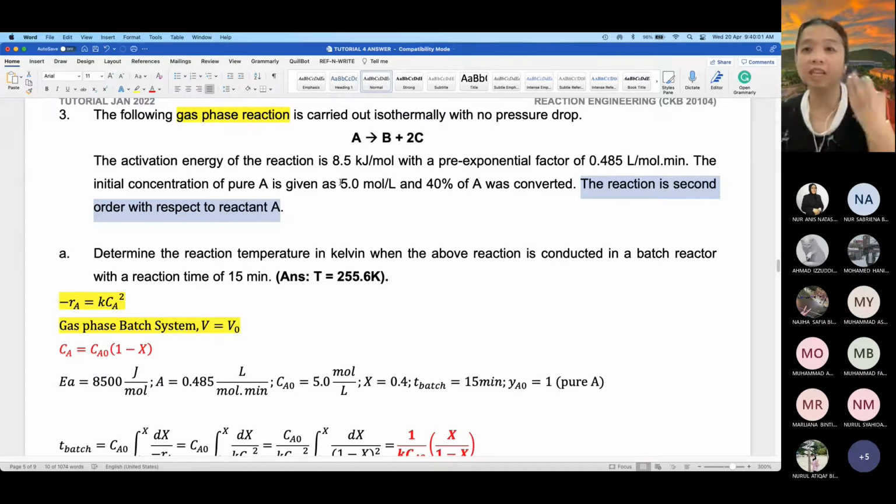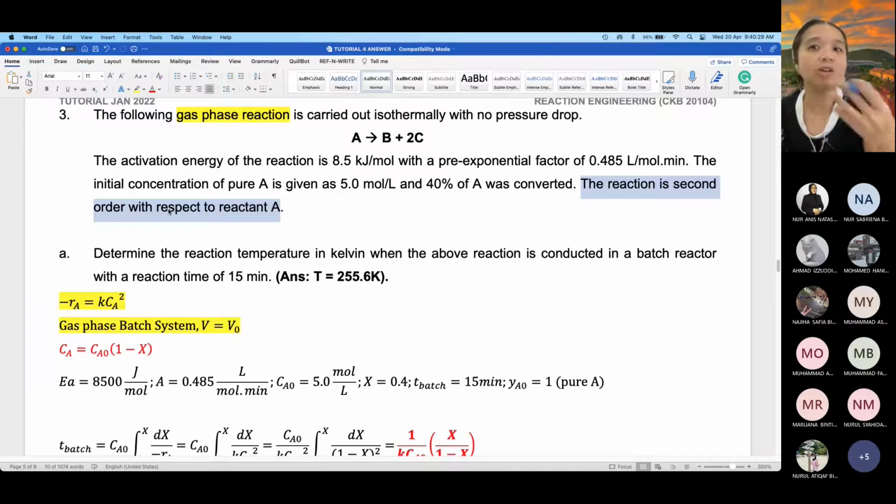That's why they give us the information for the rate law, because the reaction order does not follow the stoichiometric coefficient anymore. So kamu kena faham, kalau elementary, we look at the stoichiometric coefficient. Non-elementary, even though dia tak cakap pun non-elementary, tapi dia dah beri kamu information for the rate law. Of course, it means that it's no longer elementary.